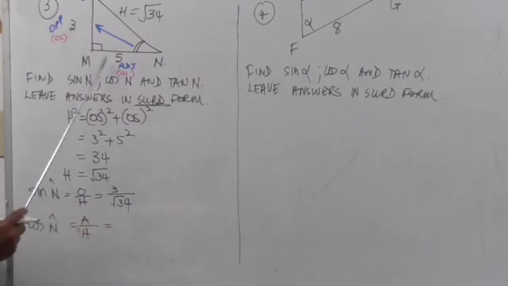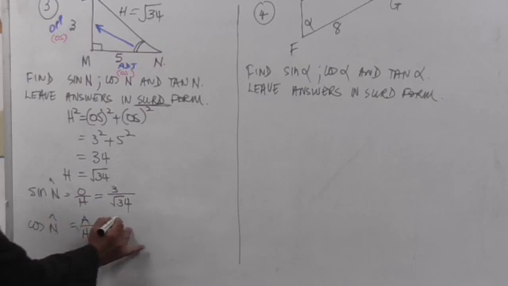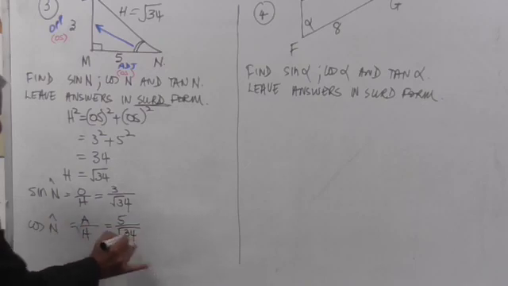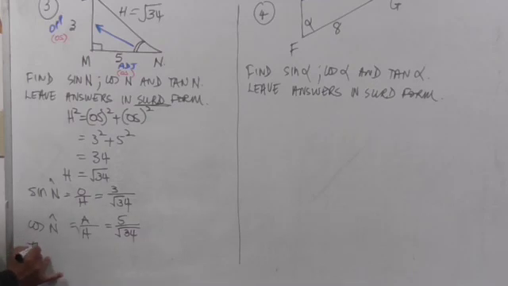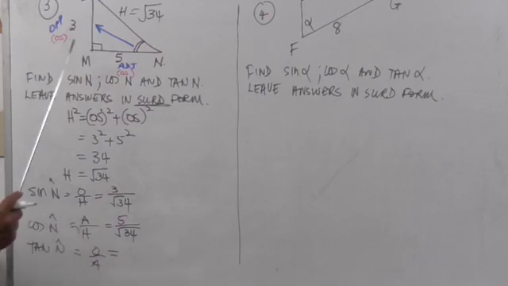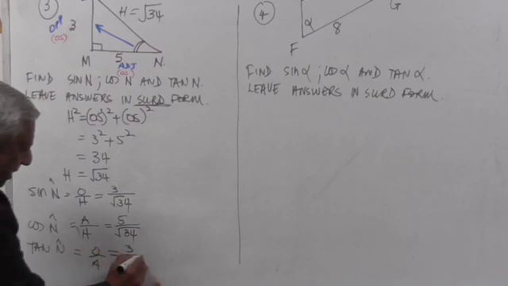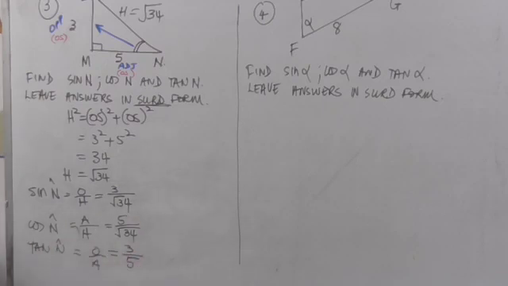Adjacent is 5 over hypotenuse, root 34. 5 over root 34. And finally, you want tan of angle n, which is equal to opposite over adjacent. Opposite is 3, adjacent is 5. 3 over 5. Alright, so that was number 3.